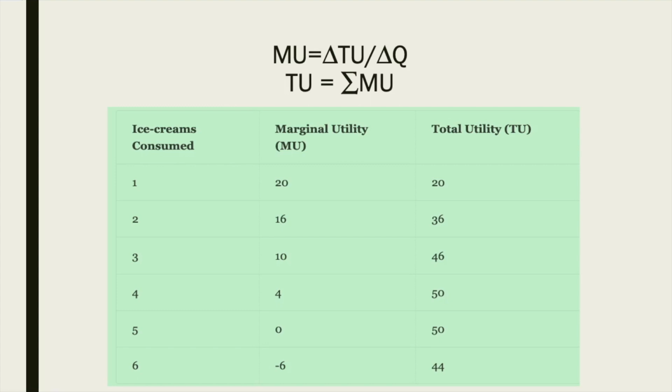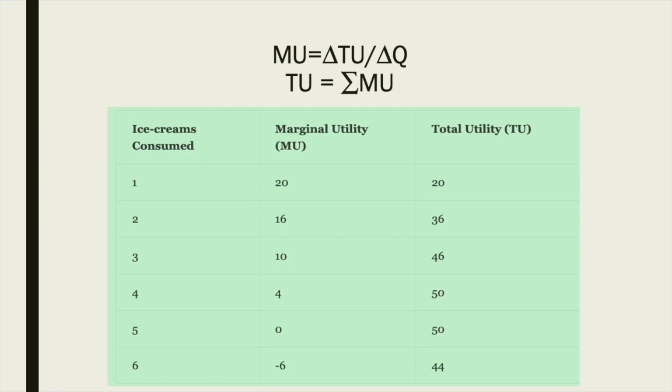So, to find the marginal utility of the fourth unit with this formula, delta TU is the total utility of the fourth unit minus the total utility of the third unit, which is 50 minus 46, that is 4, and delta Q is 4 minus 3, that is 1. So, we get delta TU divided by delta Q as 4 divided by 1, which is 4.